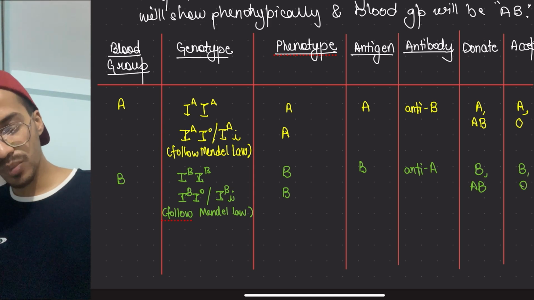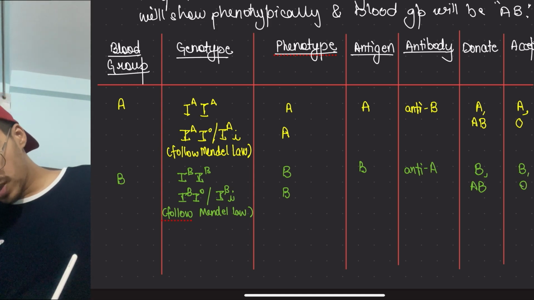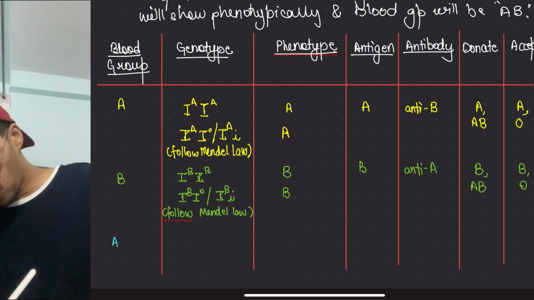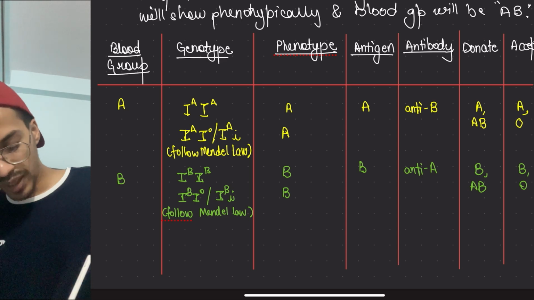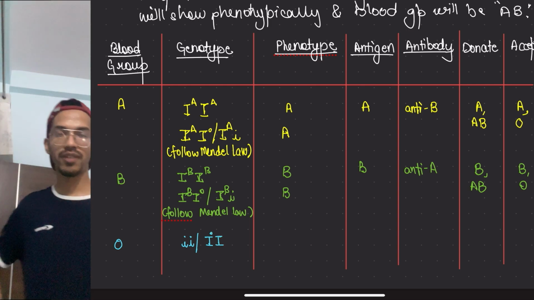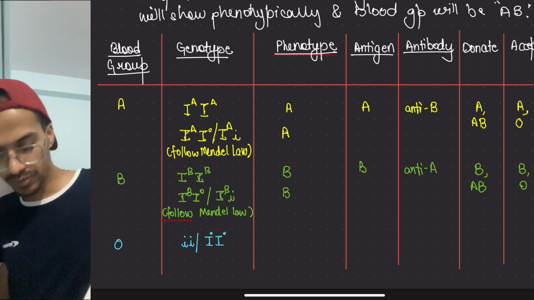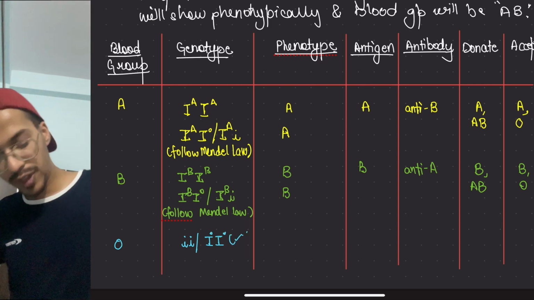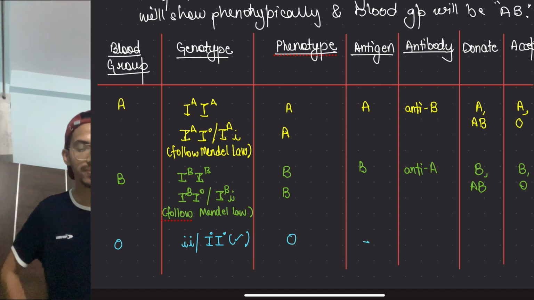Let's move on to the next one. Then we have O blood group. So it has to be O, meaning small i small i, or IO. It also follows Mendel's law. Phenotype would be O. No antigen is present.